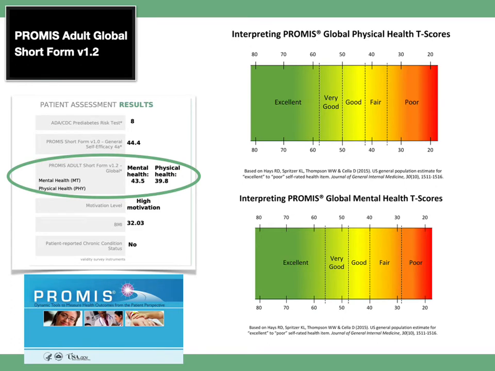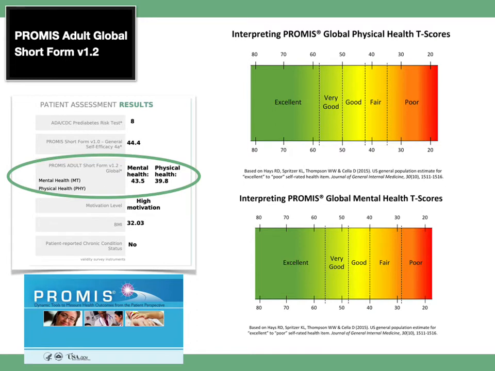The PROMIS Adult Global Short Form, version 1.2, is a validated instrument that translates a raw score into a T-score. These results are broken into 2 sections, physical health and mental health. T-score distributions are standardized such that a 50 represents the average for the general U.S. population, and the standard deviation around that mean is 10 points.